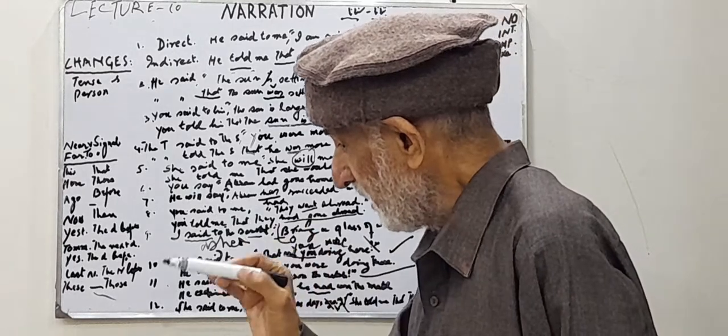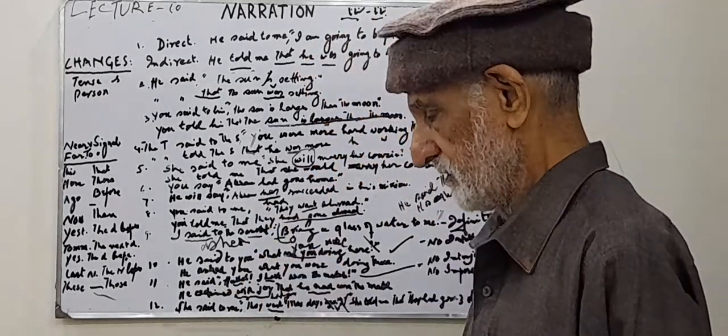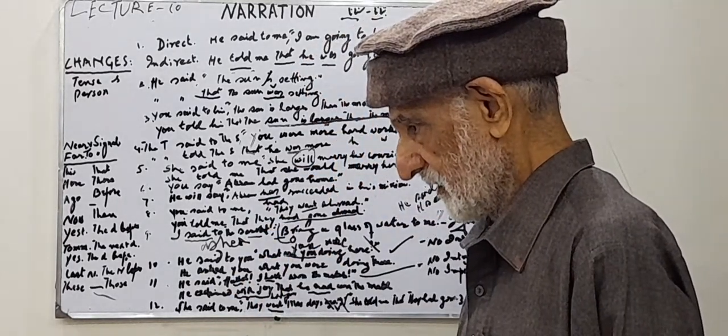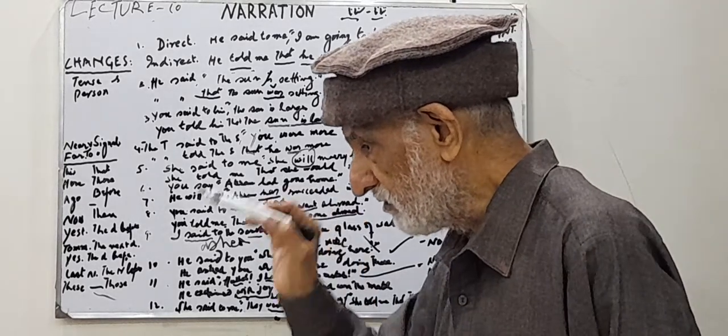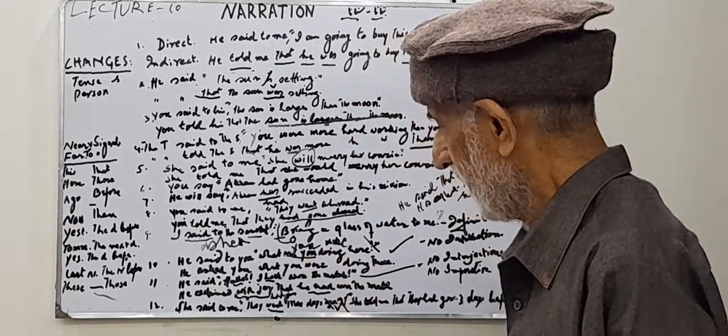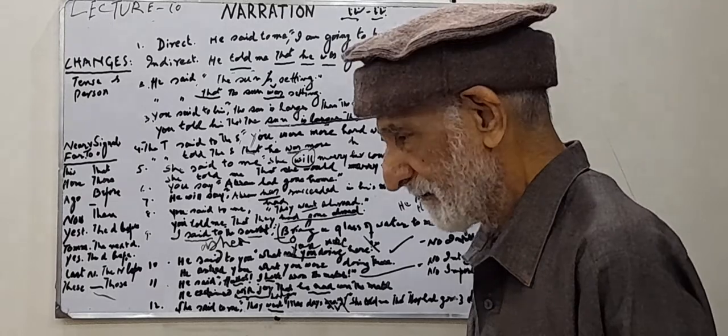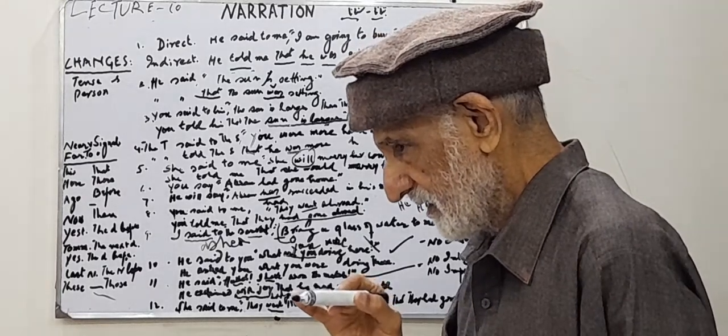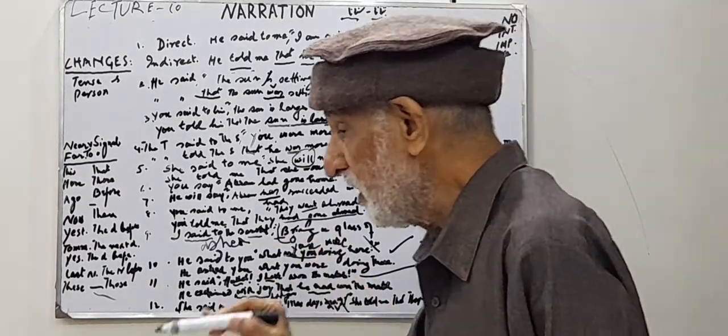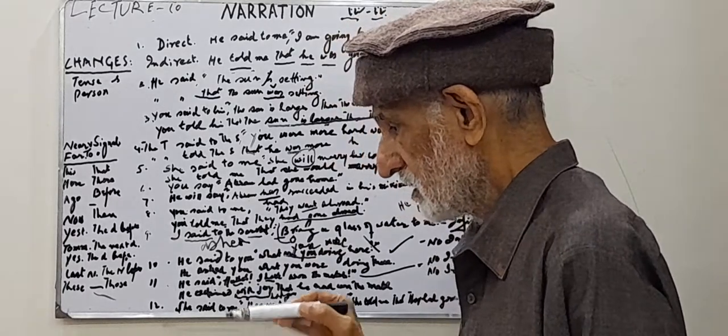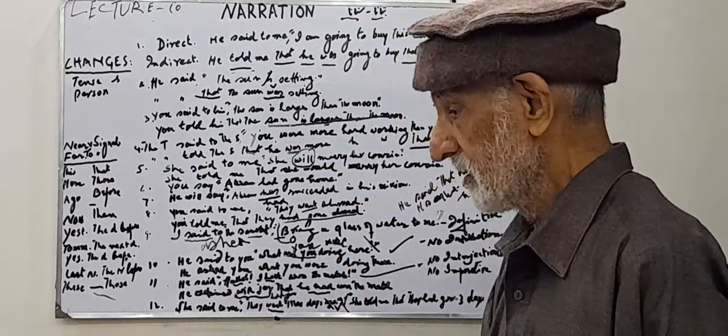I, he, and you have made a mess of this whole problem. I, he, and you have stolen these mangoes, these books.